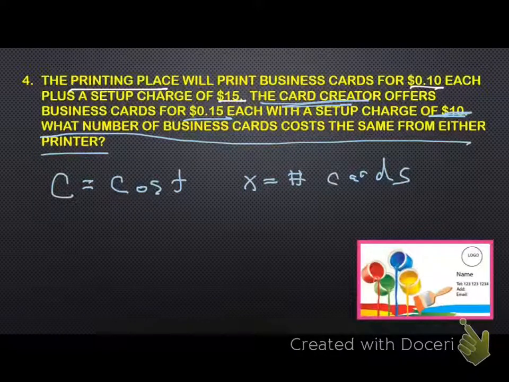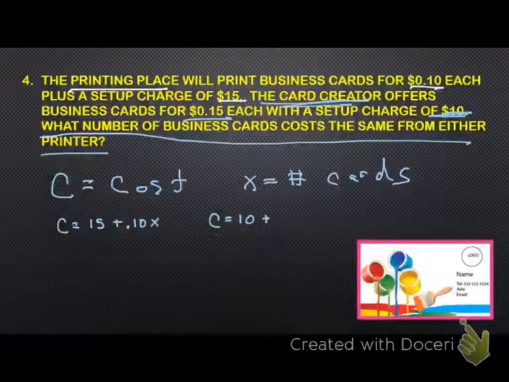The printing place's cost is $15 up front plus 10 cents per card, whereas the card creator, its cost is how much up front? It's the setup charge. 10, but it actually charges more, 15 cents per card.